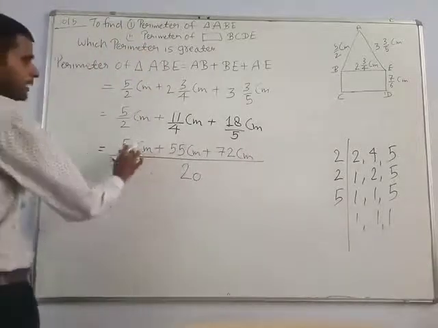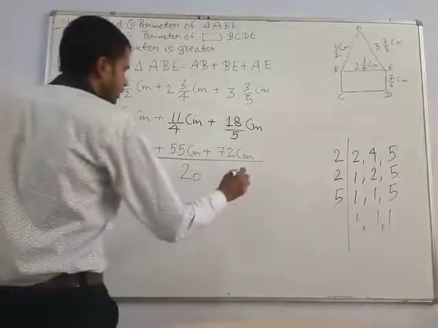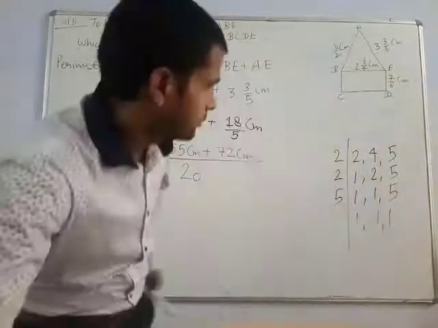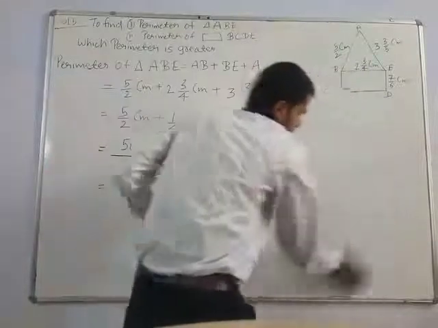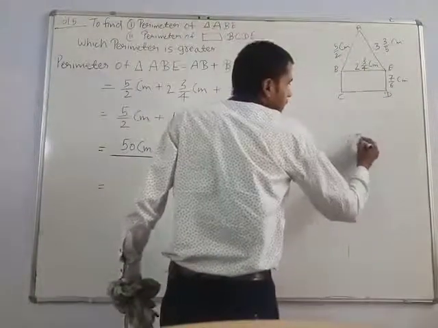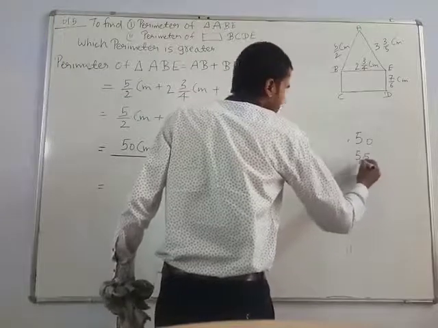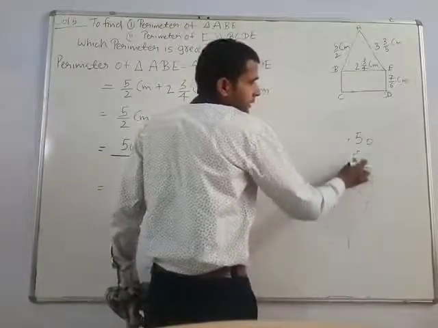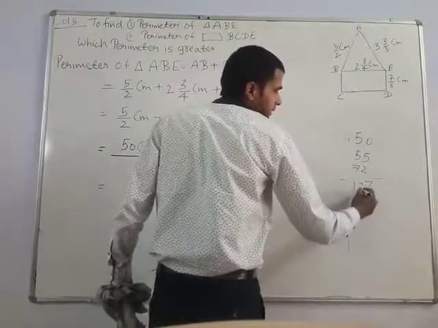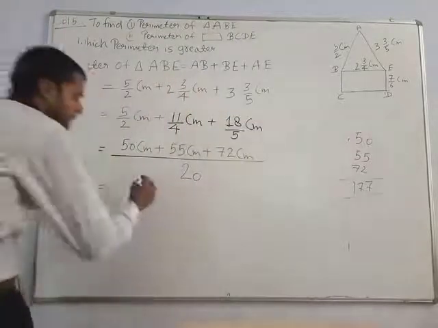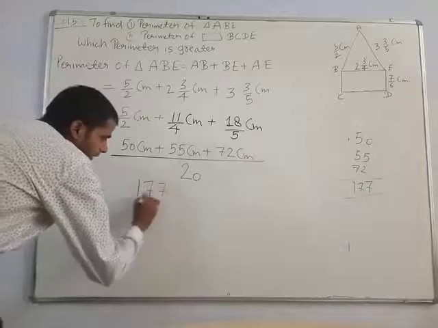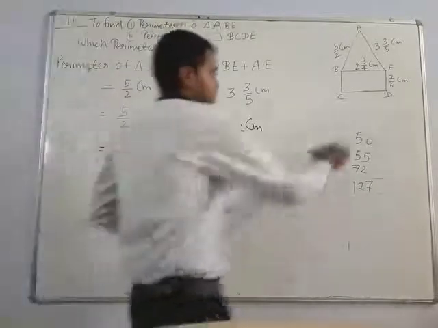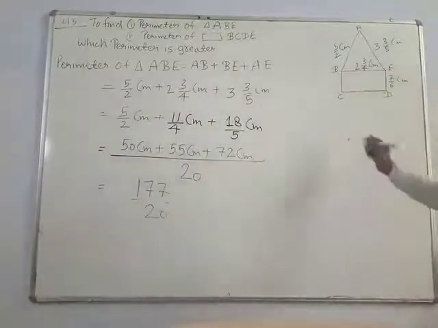20 divided by 2 is 10, 10 times 5 is 50, plus 20 divided by 4 is 5, 5 times 11 is 55, plus 20 divided by 5 is 4, 4 times 18 is 72 centimeter. So you have to add all 3: 50, 55 and 72. 5 plus 2 is 7, 5 plus 5 is 10, 10 plus 7 is 17, so 177 upon 20. Or you have to change it into a mixed fraction.